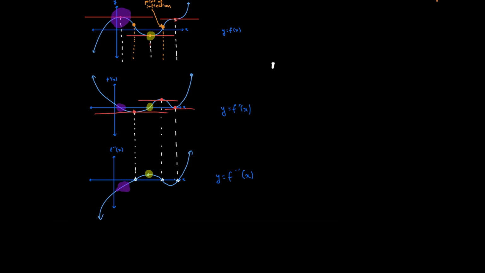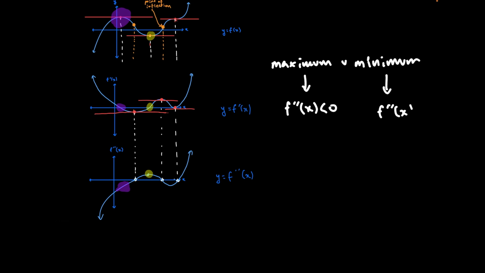So that's the difference between maximums and minimums that we can notice. A maximum versus a minimum, one will simply have the double derivative be less than 0, whereas one will have the double derivative be more than 0. Okay, so we know both of these obviously will have to be stationary points because they're neither increasing nor decreasing. But this is the key distinction we can use when we're trying to work out the differences between minimums and maximums.